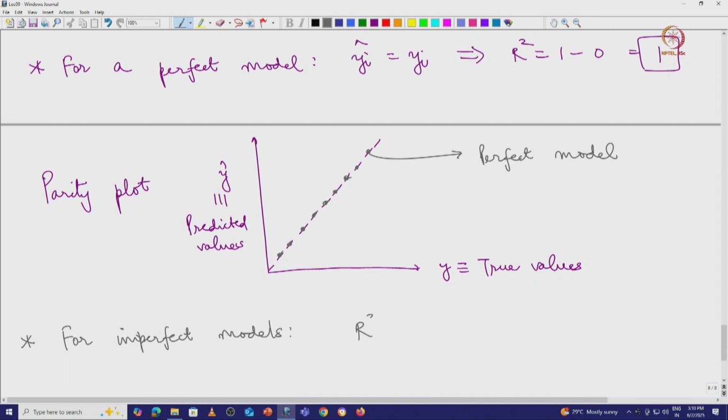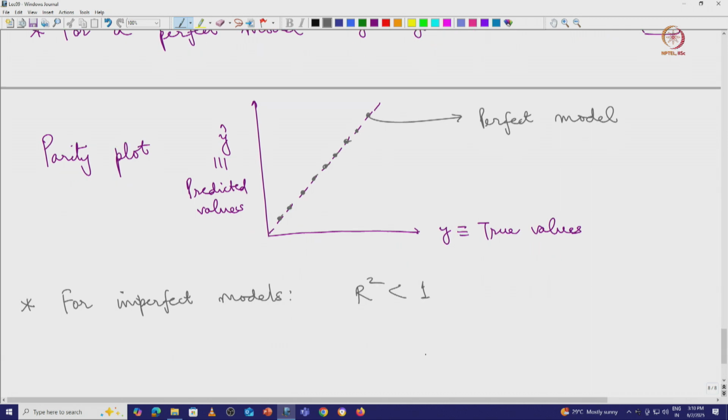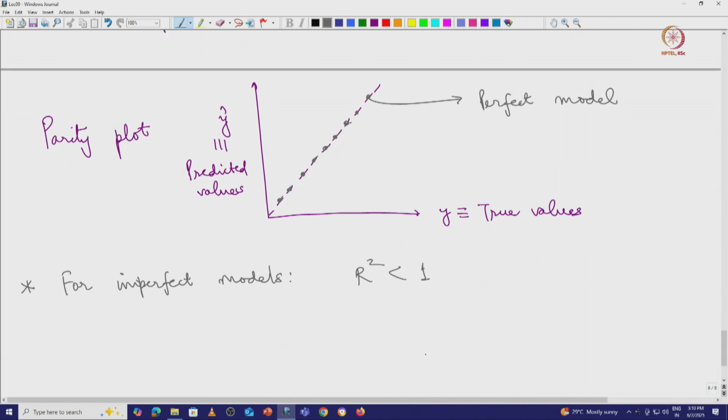Now for realistic, imperfect models, obviously R square will be less than 1, and how much lower it is than 1 will tell you how much worse the model is. So let us take an example when your R square is equal to 0.